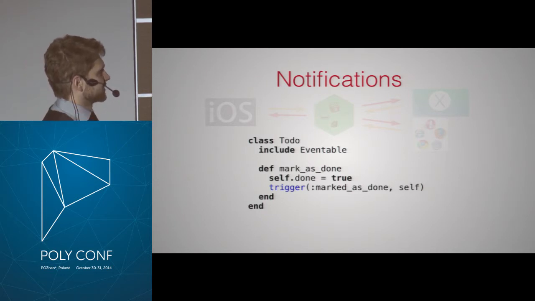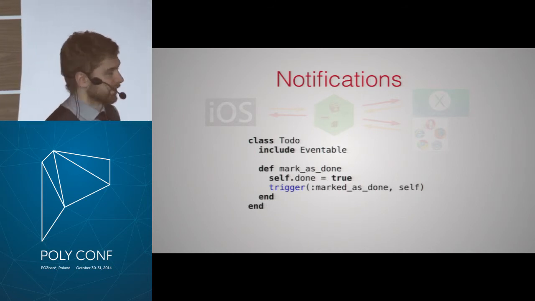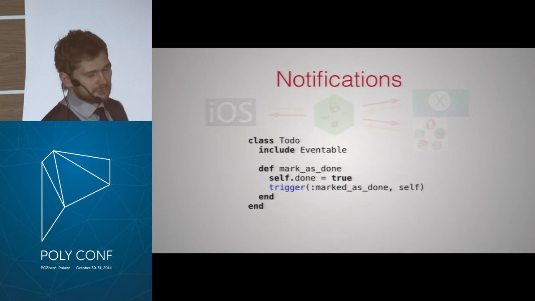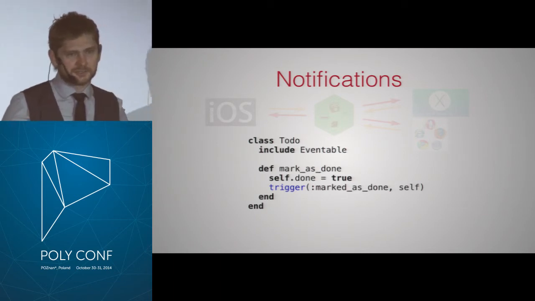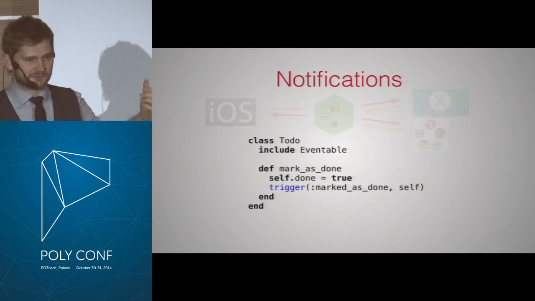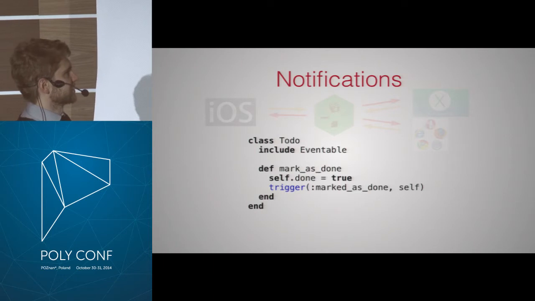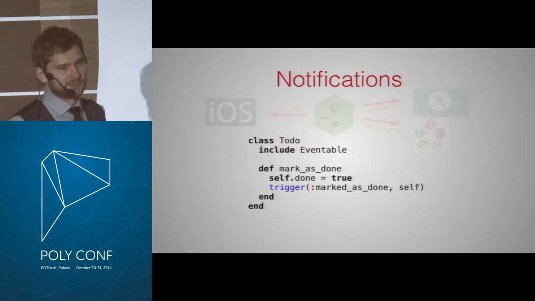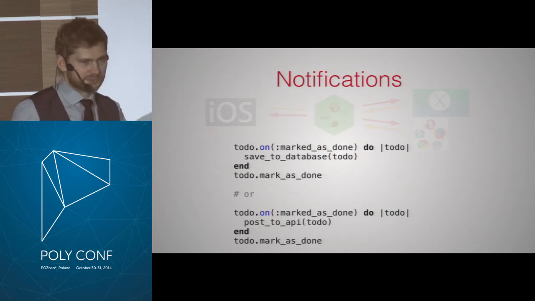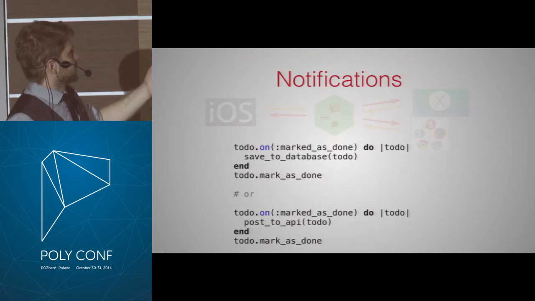We also could have some kind of notifications, so we could have events, callbacks, whatever you call them. And here, we don't need to know that something is going to save the to-do. We just need to inform it about events. So we tell some object, some listener, that our to-do was just marked as done, and do whatever you want with that. So it could look like that.